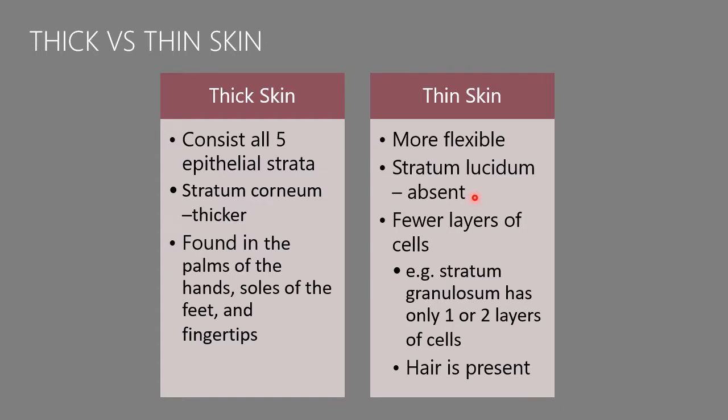They are absent. And they also have fewer layers of cells. For example, itong stratum granulosum mo na layer, normally, it would consist of 3 to 5 layers. But in your thin skin, stratum granulosum only has 1 or 2 layers.